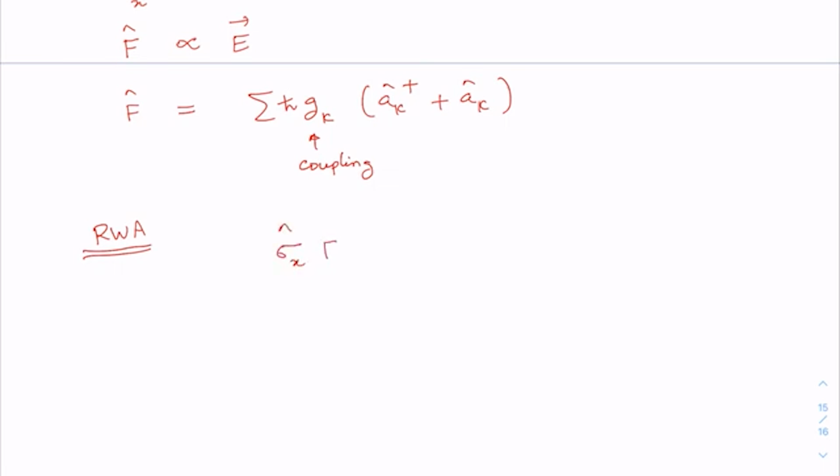So σ_x F under the rotating wave approximation, we can write as g_k σ_+ a_k. As you can see, this is exactly the same technique we employed in the case of the Jaynes-Cummings model. So this is what we'll have.